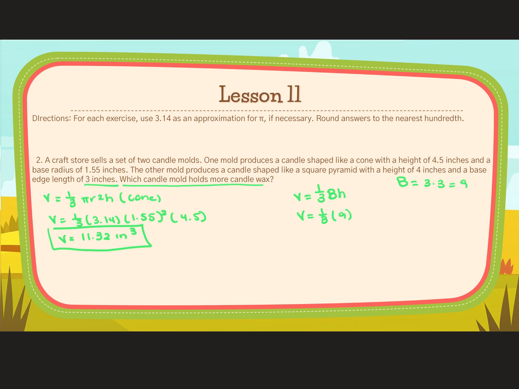So we have 1/3 times 9 times the height of 4, which gives us a volume of 12 inches cubed, which tells us the pyramid mold holds more wax.